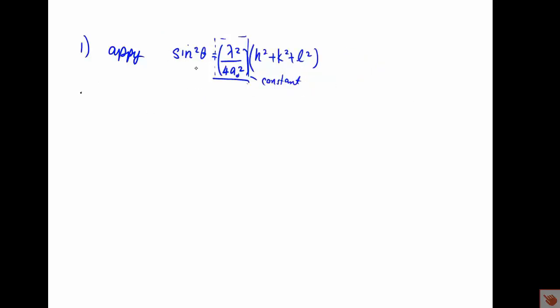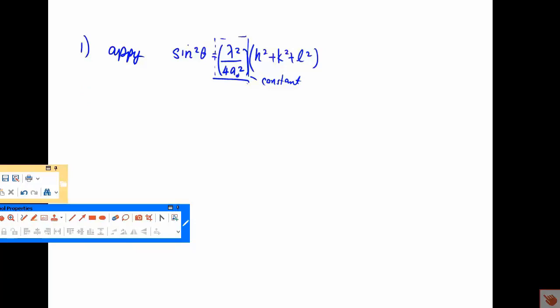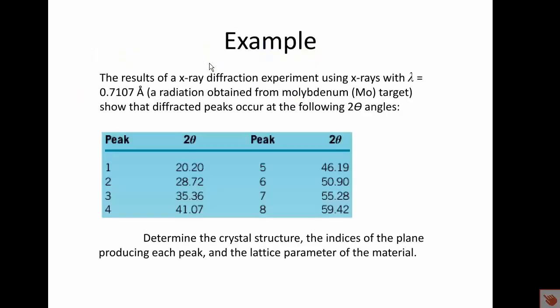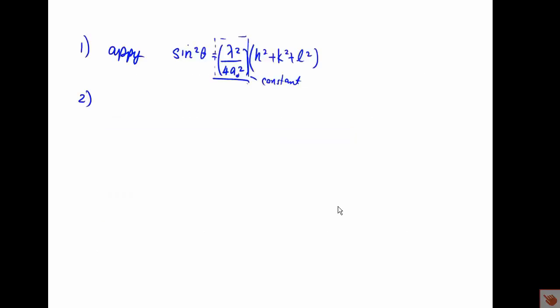You see that the angle here is theta, but we're given 2 theta. So the angle in the equation is theta, but the angles given typically from the experiment are 2 theta. So what we need to do is first calculate sine squared theta for each data point.